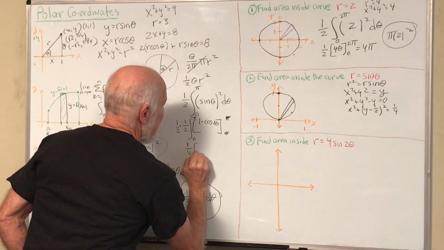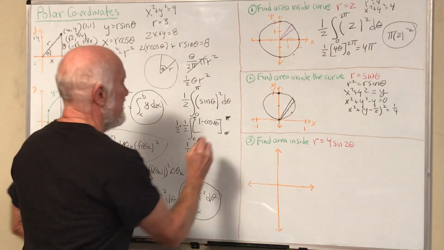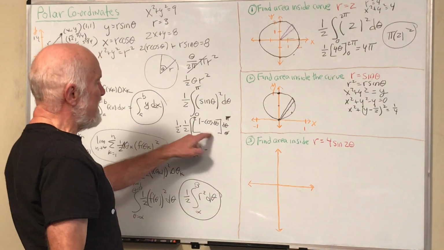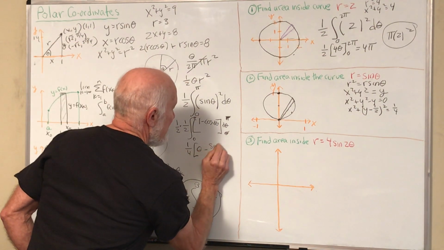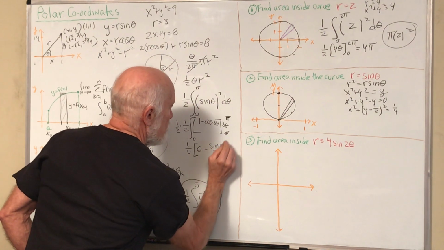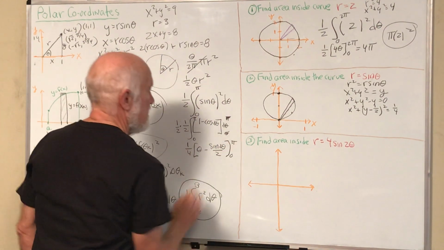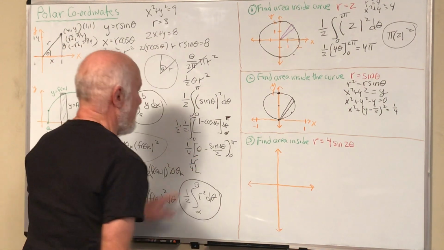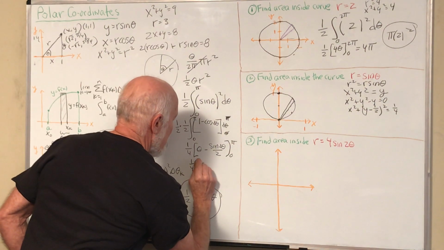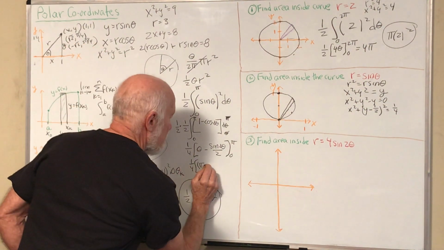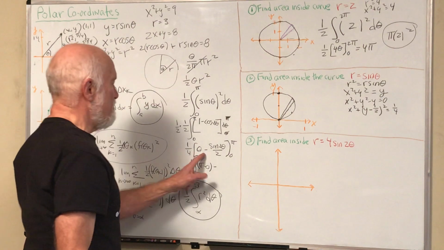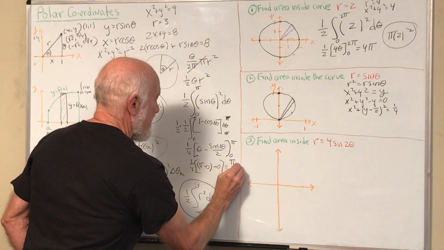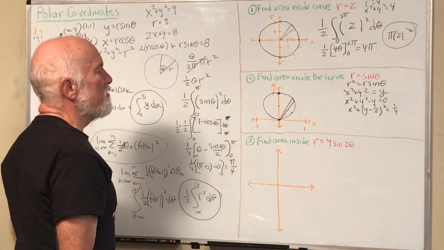And now I take the antiderivative of 1 d theta, and I get theta, and cosine of 2 theta is sine of 2 theta divided by 2. So altogether, if I plug in, I get theta minus the sine of 2 theta, which is 0. And when I put in 0, I get 0 minus 0. Altogether, I get pi over 4.